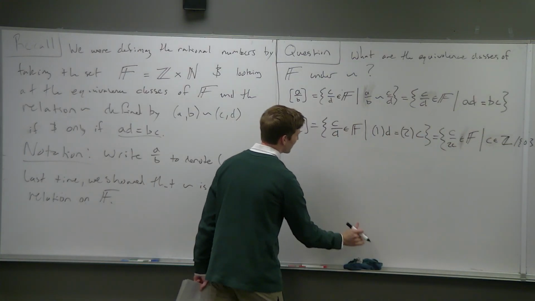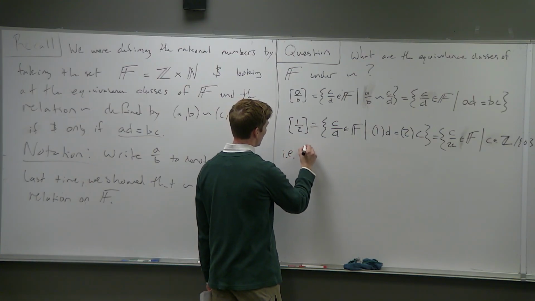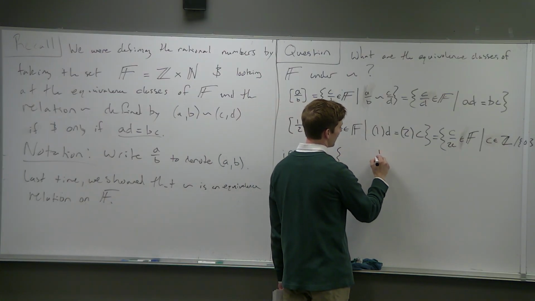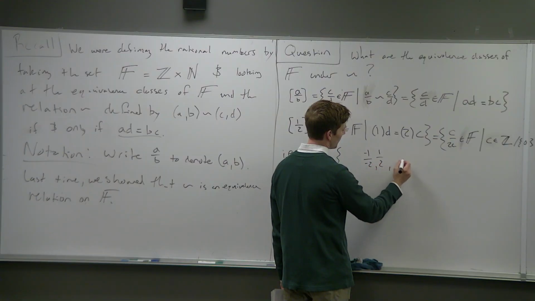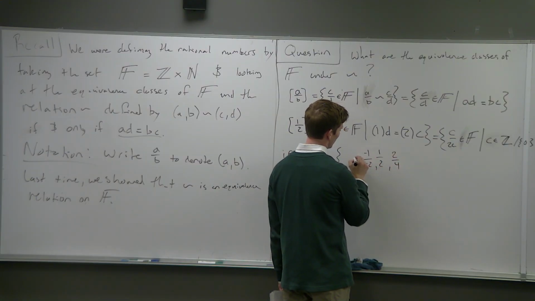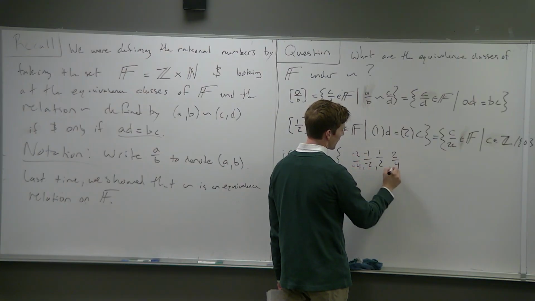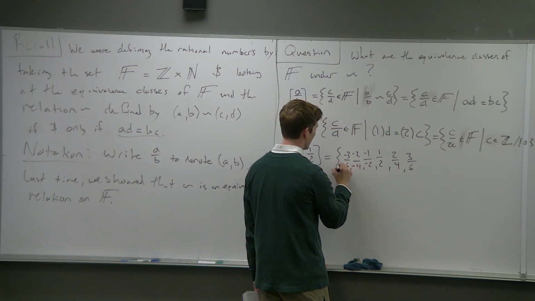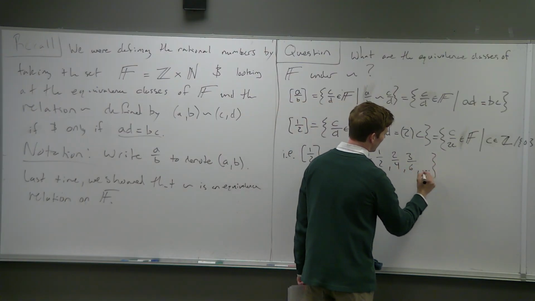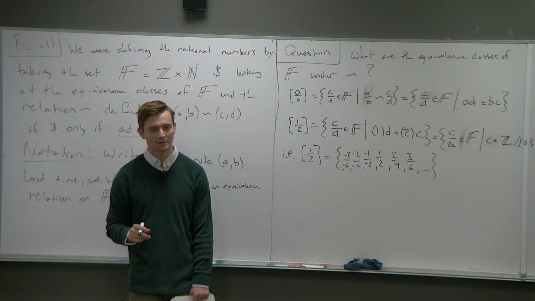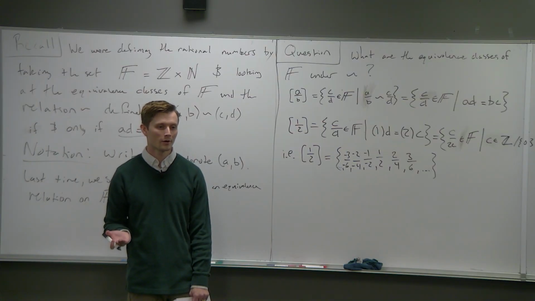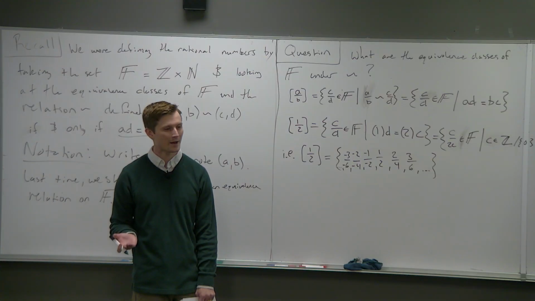Anyways, it captures our intuitive idea that the equivalence class of 1/2 should be the set containing certainly 1/2, but also -1 over -2, and stuff like 2 over 4, certainly -2 over -4, 3 over 6, certainly -3 over -6, and on and on and on, in either direction, all of the possible fractions that are equal to 1/2, with whole numbers on top and bottom. Cool? All right. Kind of nice.